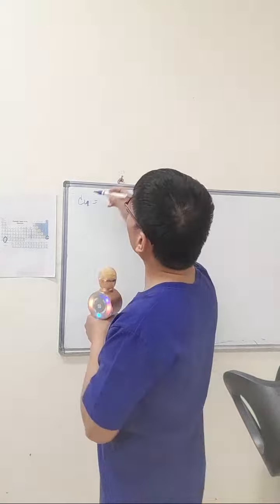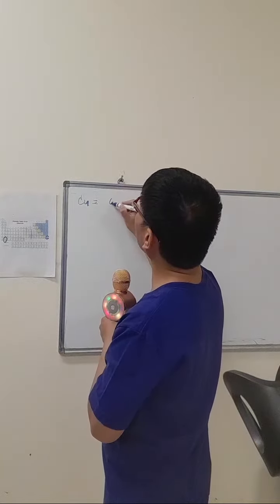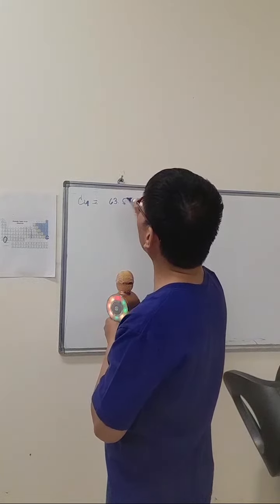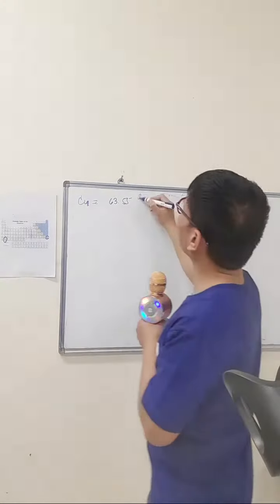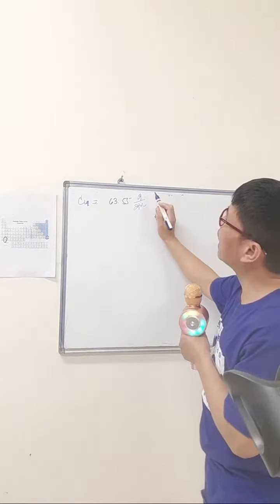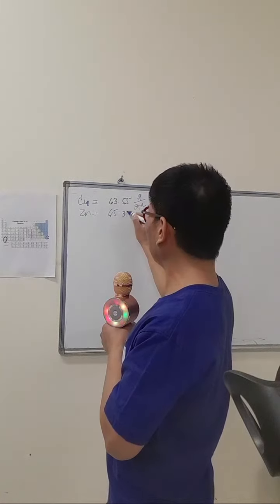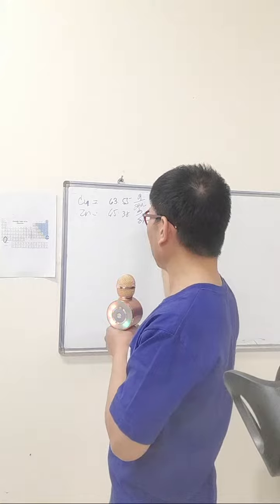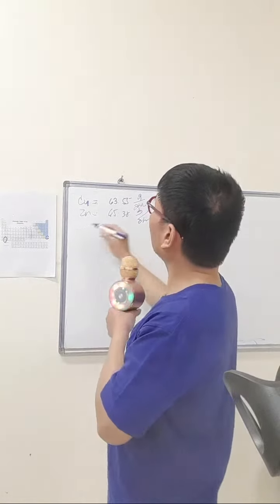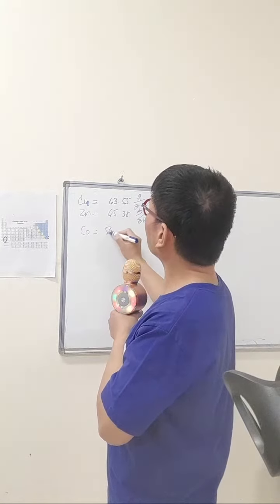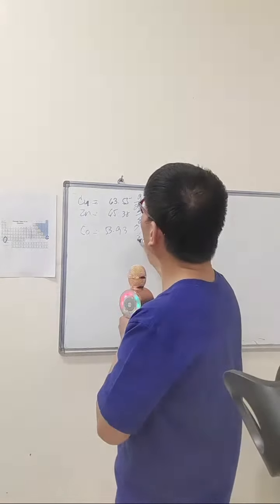Copper is going to be 63.55 grams per atom, mga palangga. And then zinc is 65.38 grams per atom. Cobalt, 53.93 grams per atom.